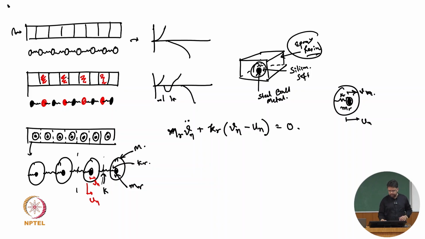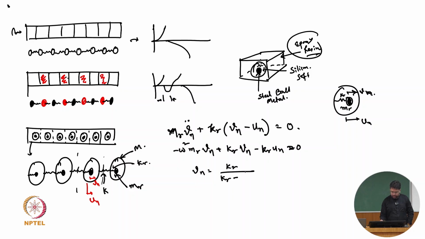If I transform it into the frequency domain, how can I write? Minus omega square mr into Vn plus kr into Vn minus kr into Un, that is equal to 0. So Vn can be written as kr divided by kr minus omega square mr into Un.